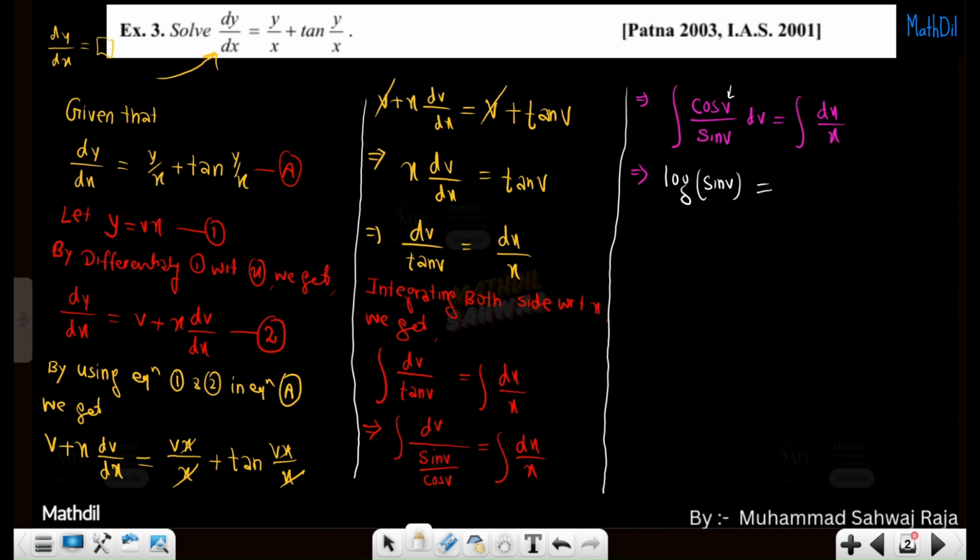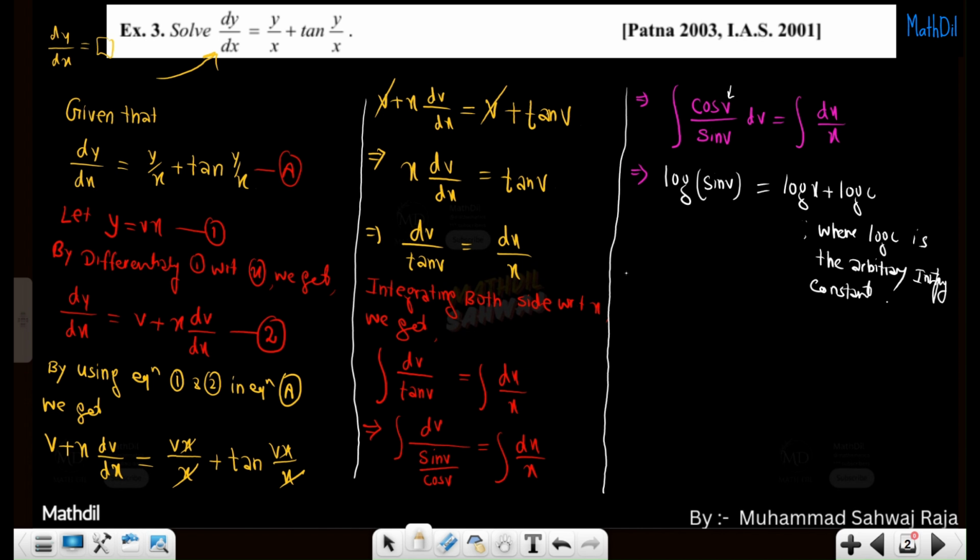And it will be equal to the integration of this one, which is log x plus log c, where log c is the arbitrary integrating constant.